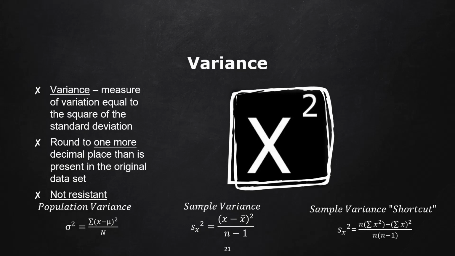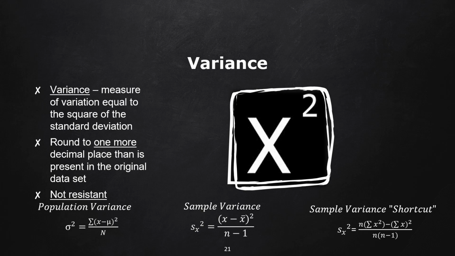Next up is the variance. So the variance is a measure of variation equal to the square of the standard deviation. And that's pretty much all that it is, just the standard deviation squared. In fact, if you look at the formulas at the bottom, they look very familiar to the standard deviation ones, except we just got rid of the radicals.